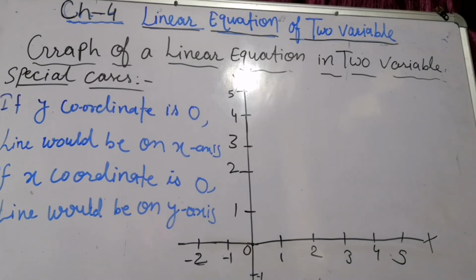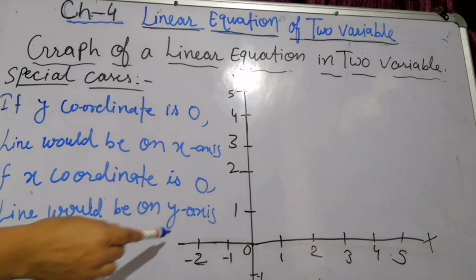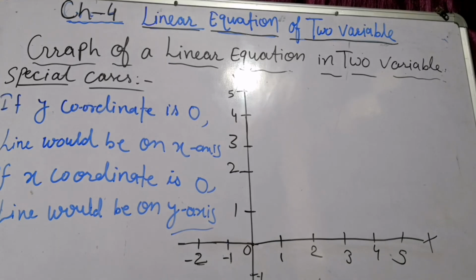Now we will discuss some special cases of graphs. If the y coordinate is 0, suppose (3, 0), (2, 0), (5, 0), these kinds of coordinates, then the line would be on the x-axis only. And if the x coordinate is 0, meaning (0, 2), (0, 5), (0, 6), (0, 8), then the line would be on the y-axis.